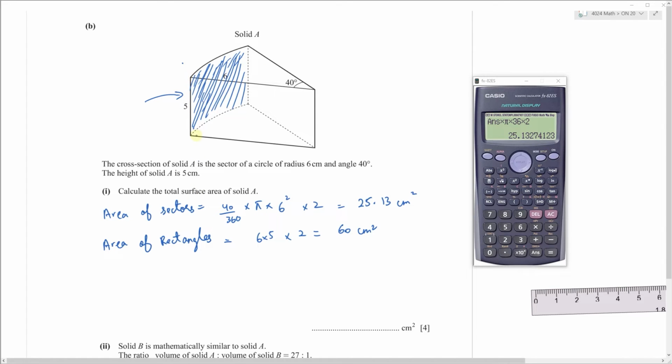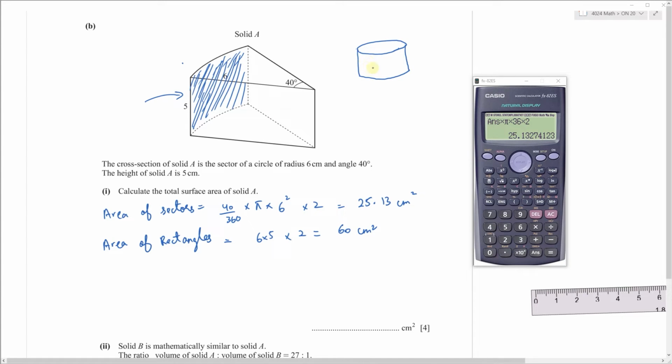So how do we calculate the curved surface area? We know that the curved surface area of a cylinder is 2 pi r h. So we can use that to find the curved surface area of this small segment, which is 40°. Let me draw this here to show what I mean.